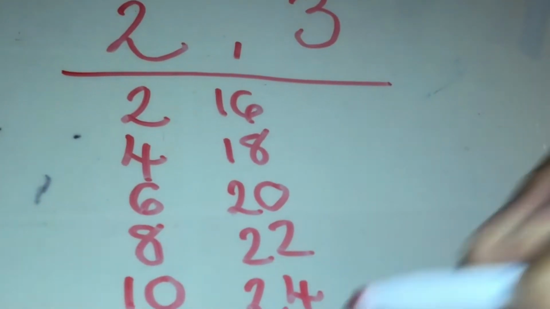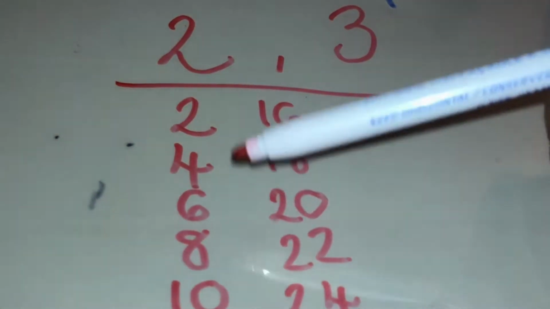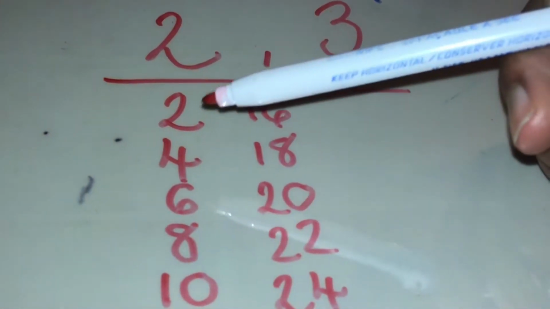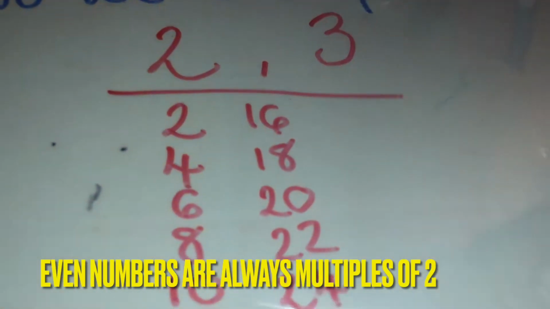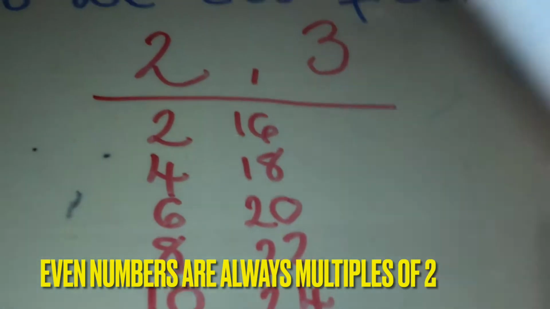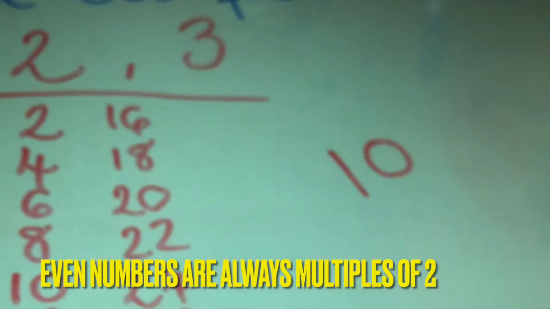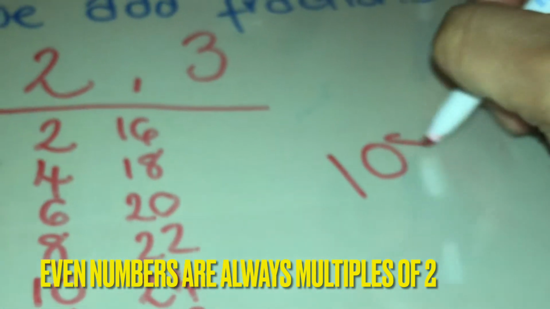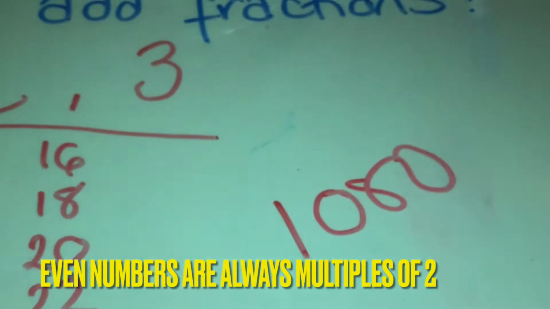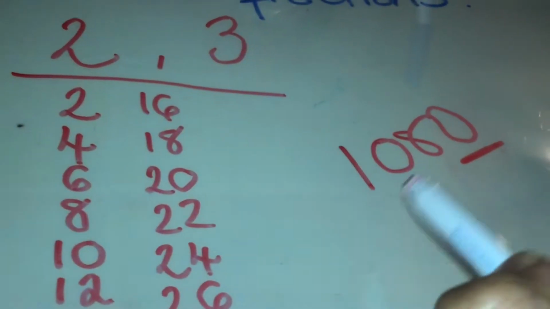So basically any number that starts with an even number like this, a 1-digit number, will be a multiple of 2. And any number that ends in 0, 2, 4, 6, or 8 is also going to be a multiple of 2. So for example, I'm just going to make up a number, 1080, because it ends in a 0, which is an even number, that's going to be a multiple of 2.